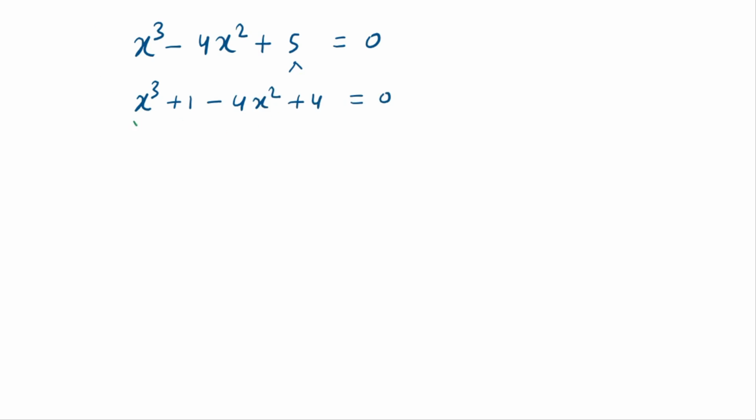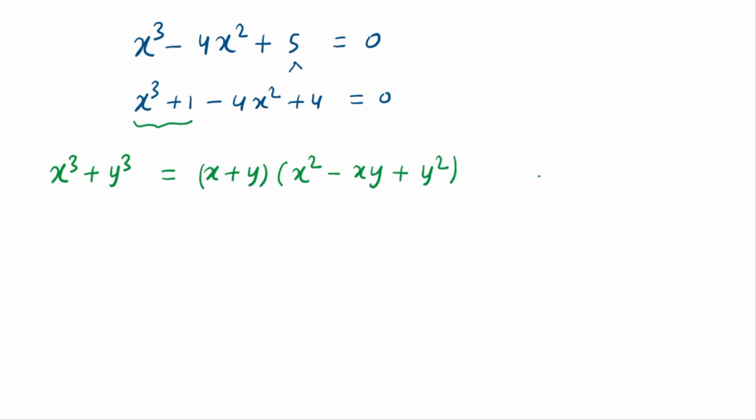Look carefully, these two terms. We know that x cube plus y cube equals (x plus y) multiplied by (x square minus xy plus y square). Now if we substitute y equals 1, then x cube plus 1 cube equals x plus 1 times x square minus x times 1 plus 1 square.